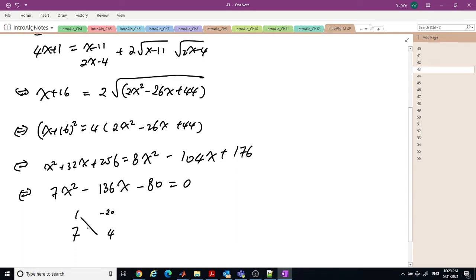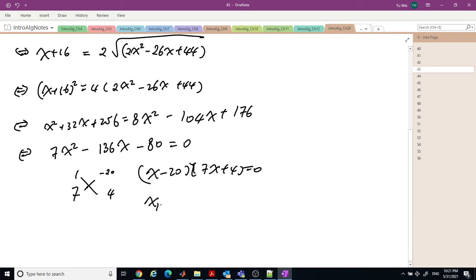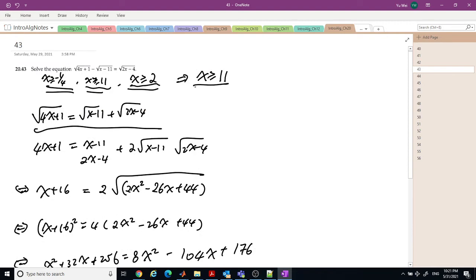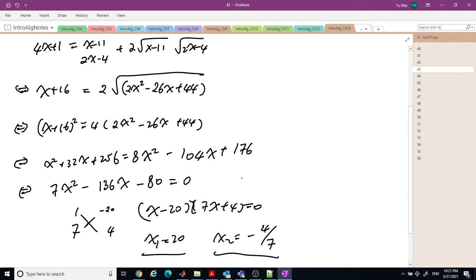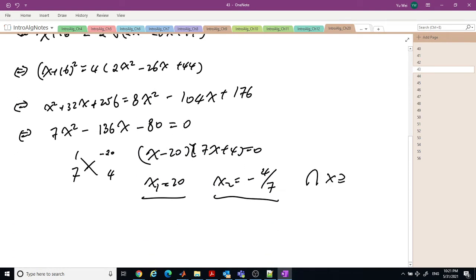So now we have this one, which is negative 120, and yes, so now we have (x minus 20)(7x plus 4) is equal to 0. Then we have x1 equals 20 and x2 equals negative 4 over 7. Okay, but here, don't forget, we need x greater than or equal to 11, right? So the final answer is x equals 20.